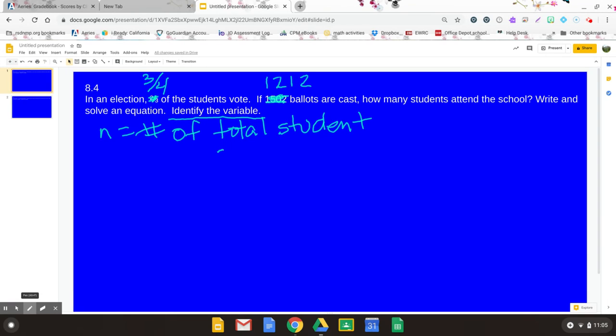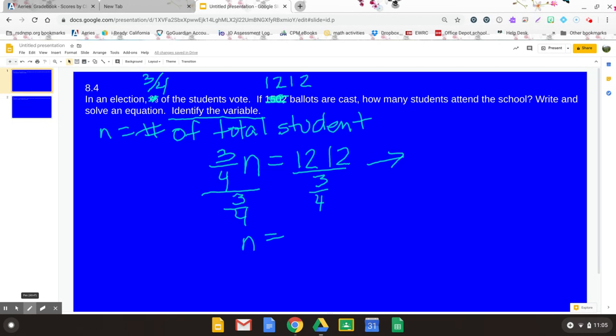So it's 3/4 of what is equal to 1,212, or 1,212 is equal to 3/4 of how many? So I'm going to divide both sides by 3/4. n equals, over here, I'm going to do this division.